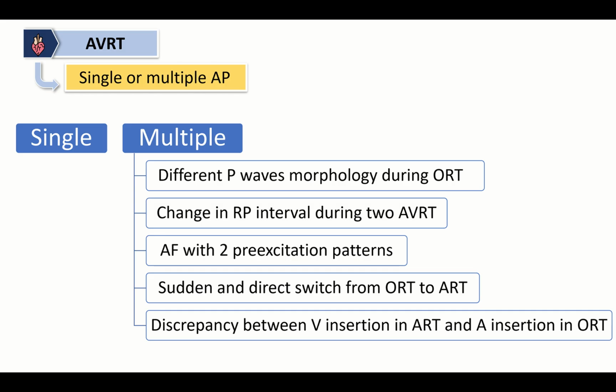When we find one of the following, we can expect it is not only single, it may be 2, 3, 4 multiple accessory pathways: different delta wave morphology during orthodromic tachycardia, a change in RP interval during 2 or 3 accessory pathway mediated tachycardia, AFib with 2 pre-excitation patterns, sudden and direct switch from narrow complex to wide complex, orthodromic to antidromic.